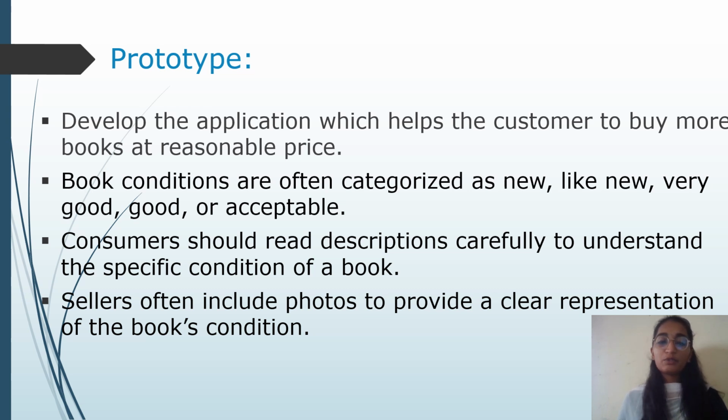Customers should read descriptions carefully to understand the specific condition of a book. We have to provide some descriptions to the customer on whether they should buy that book, whether it is really available, and whether the book is useful for that particular person or not.